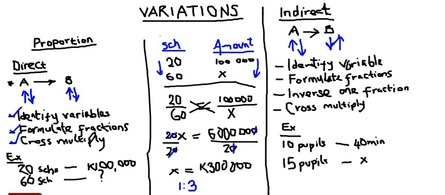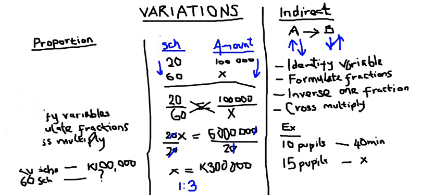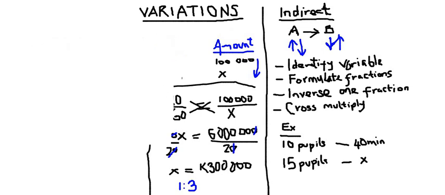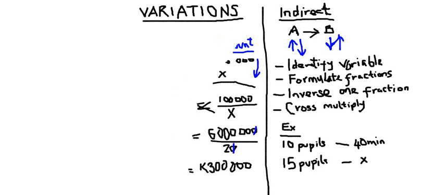So this is a typical example of indirect proportion, because if the size of the room is still the same, when we increase the number of pupils, it means we should expect that they will do the job quicker than when they are fewer.